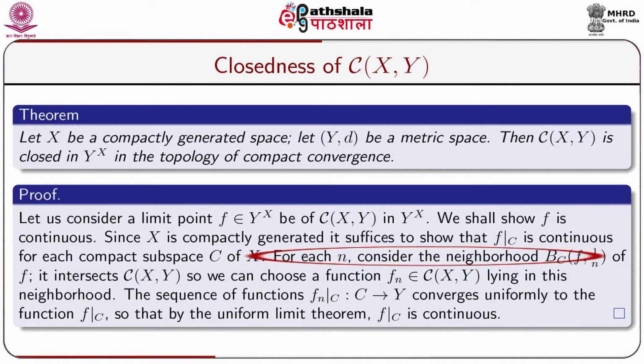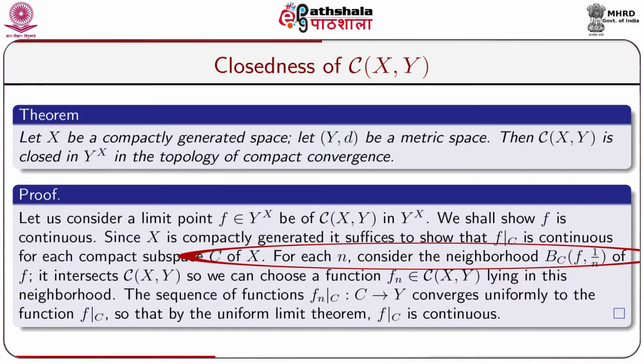Now, for each n, consider the neighborhood B_C(f, 1/n) of f. Recall that this type of sets are the basic open sets of the topology of compact convergence.